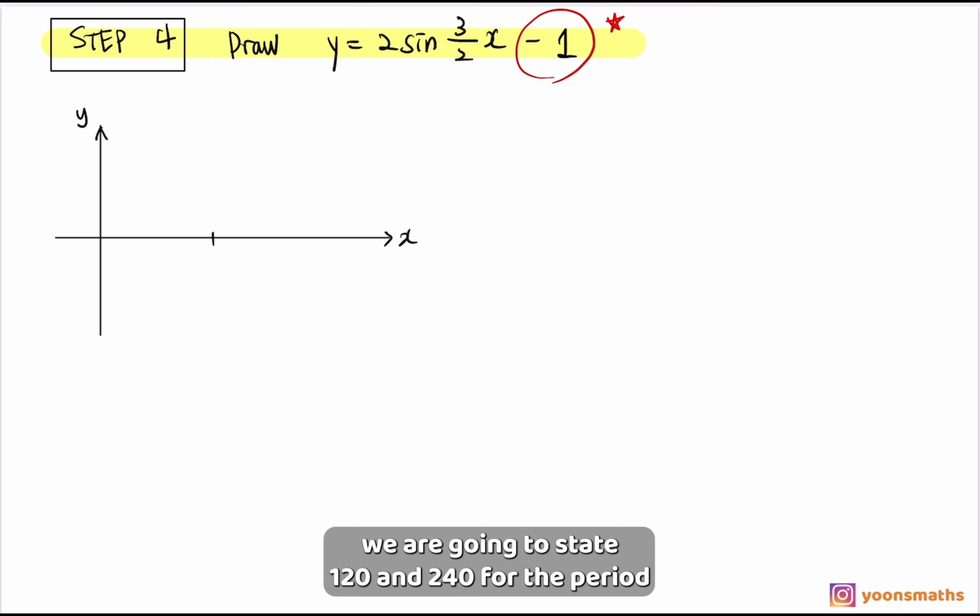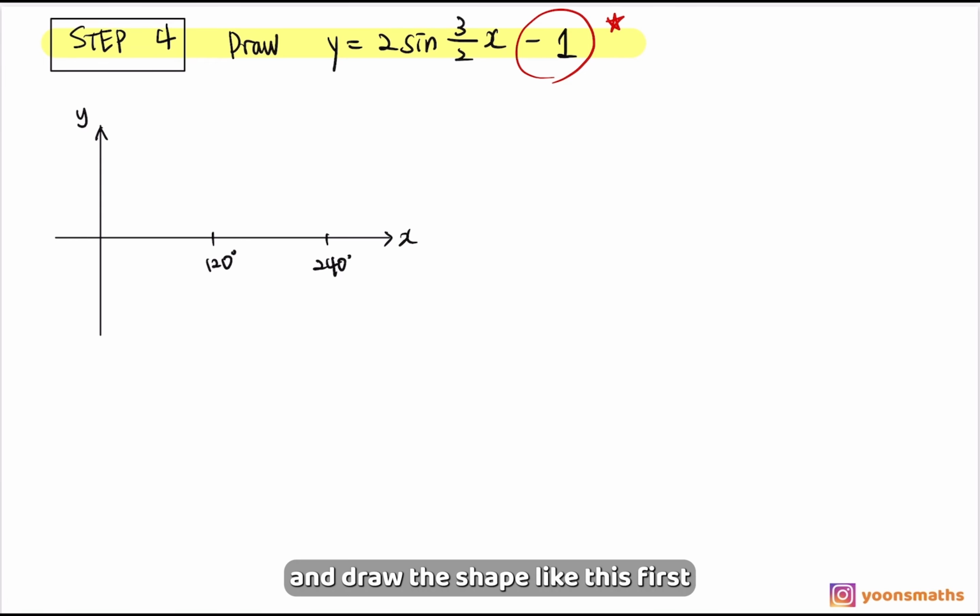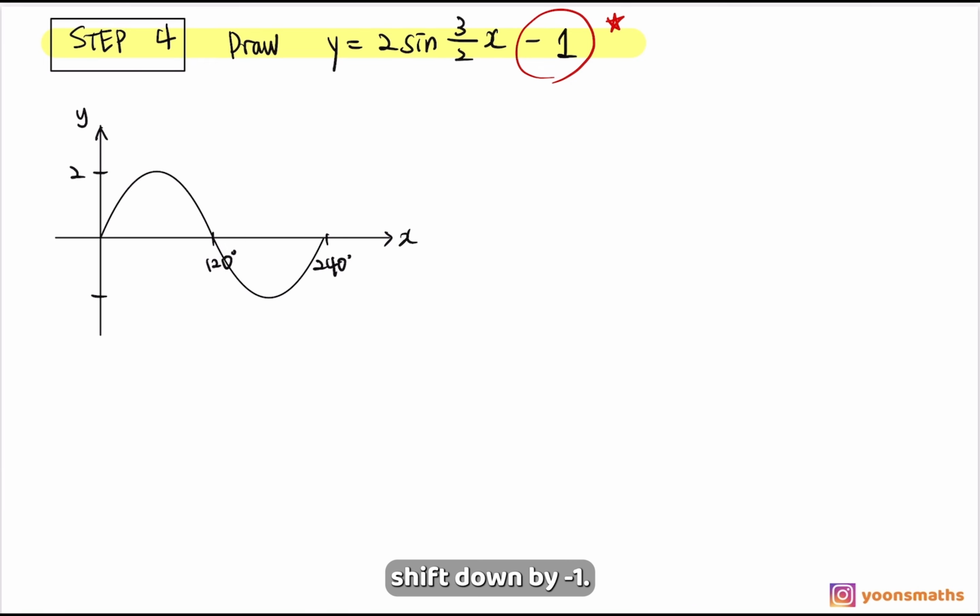We're going to state 120 and 240 for the period and draw the shape like this first. And the amplitude 2 and minus 2. And now we're going to shift down by 1. Then we can state 1 and minus 3.